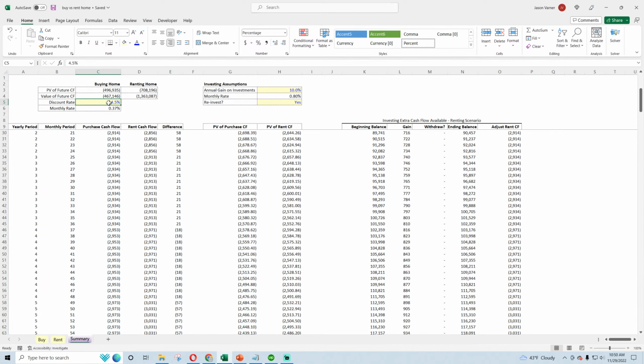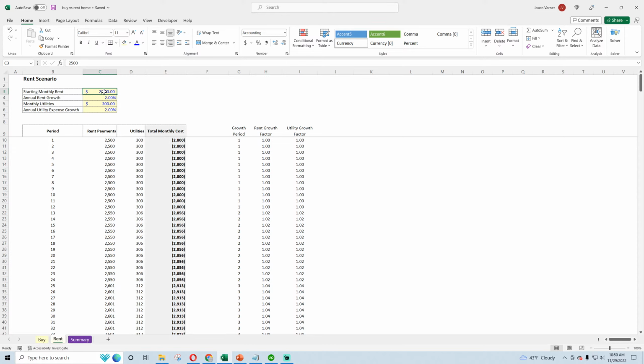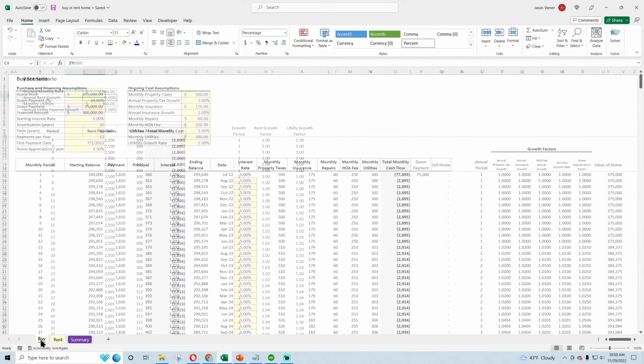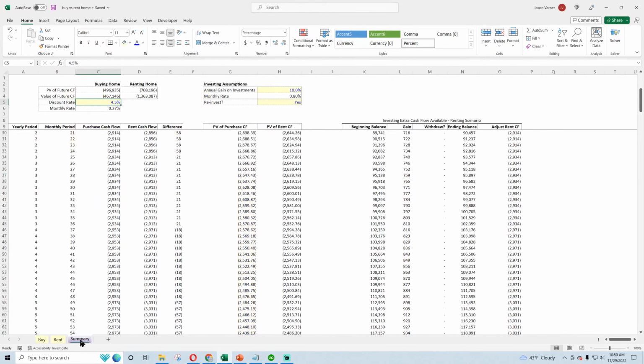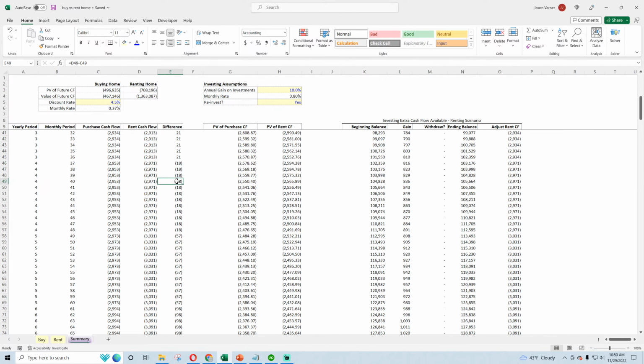And again, this is completely dependent upon your assumptions for what your monthly rent is and the growth of that, versus your interest rate on the loan, your down payment, and the growth rates of these ongoing costs to own a home. So it's dependent on all of that, but it's possible for sure that it's cheaper to actually own the home than rent, and then that difference should be invested.